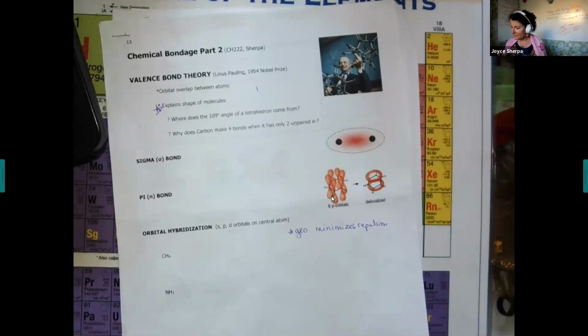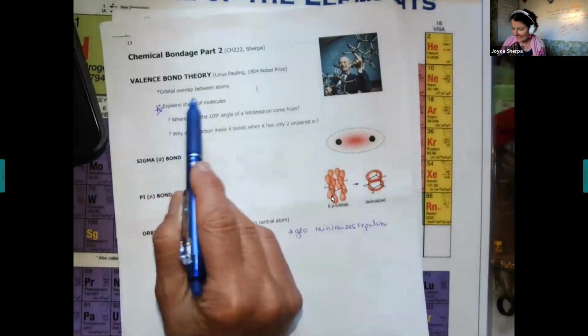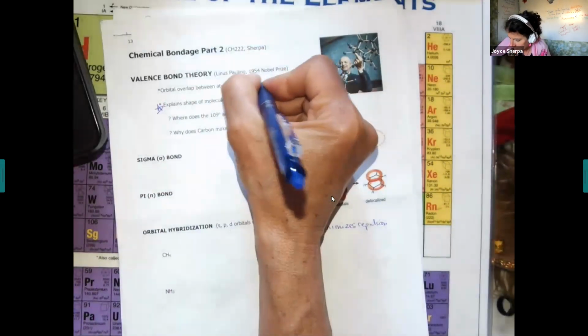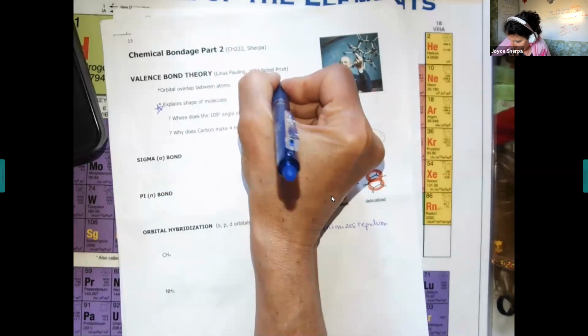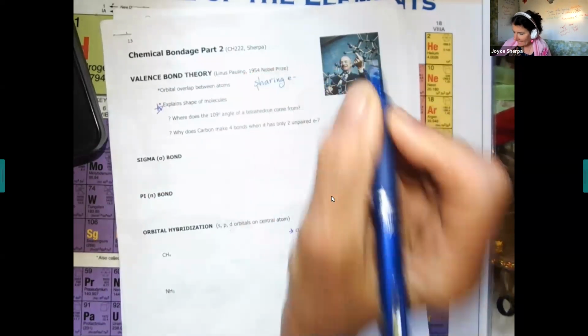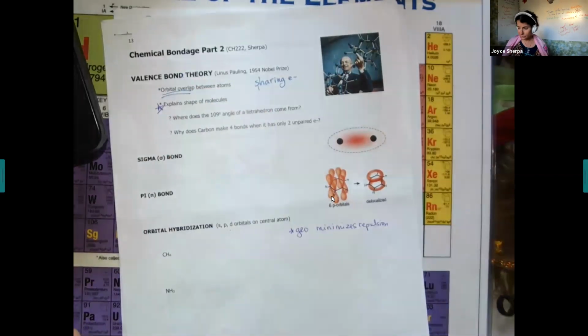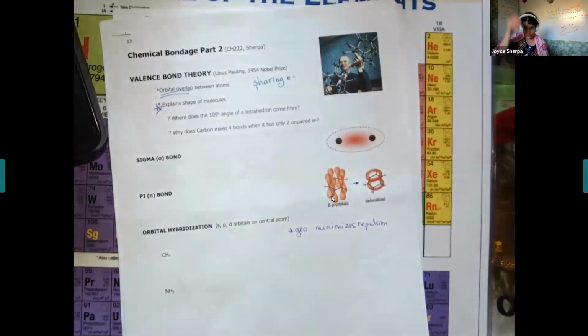So what Linus Pauling did is, it's the idea that we're working with electrons, right? We're sharing electrons. And in that, the orbitals have to overlap. So remember, electrons are zooming around in orbitals. They're not really zooming around, they're vibrations or they're pulses. So they're occupying orbitals.